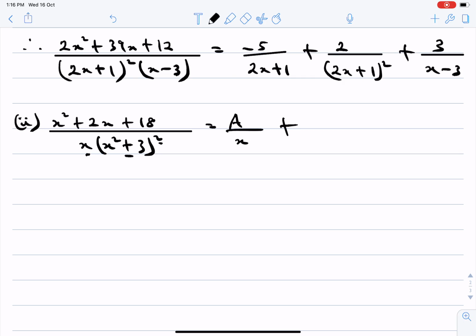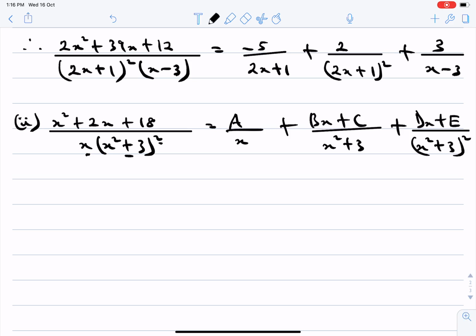So that means a over x, plus bx plus c over x squared plus 3, plus dx plus e over x squared plus 3 all squared. We're having dx plus e over x squared plus 3 all squared because the factor is a repeated factor.